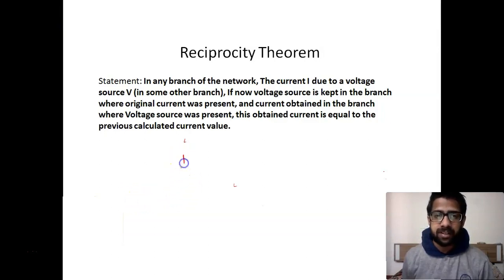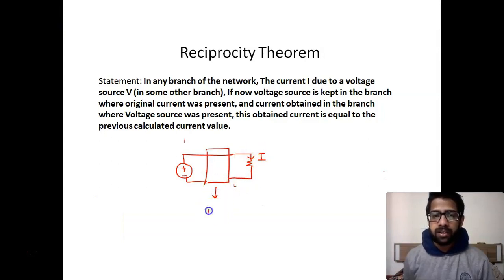That means if this was the voltage source in this branch and this is the circuit in between, so we'll just draw a box. This is the branch that we were interested in, and this was the current that we were calculating. Now we are just interchanging the positions of the current and the voltage.